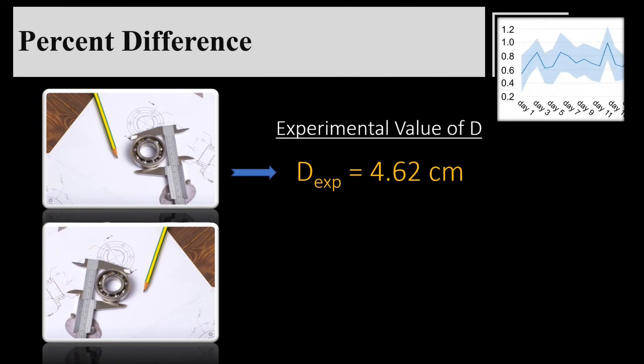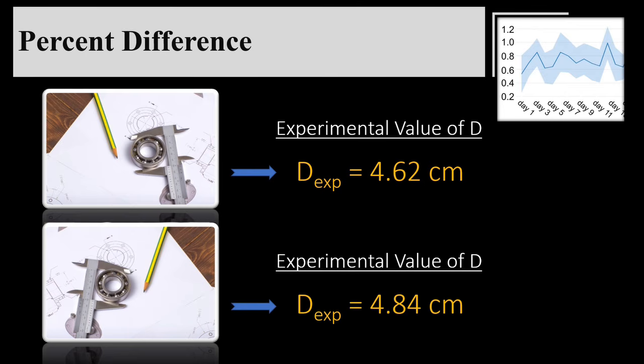Now let's use the same measurement from our previous example. And let's say that another student, for example, did the same measurement, or repeated the measurement of the same bearing and the same diameter, and he obtained another experimental value. Now we have these two experimental values. Let's call them D1 and D2.